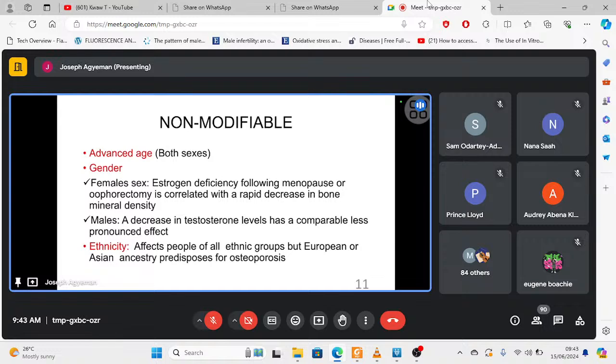In males, we also have some levels of estrogen, which is augmented by testosterone, but we don't suffer too much from it. As compared to the female counterparts, they will always suffer. Ethnicity, they say those with European ancestry or Asian ancestry have high risk of getting osteoporosis.